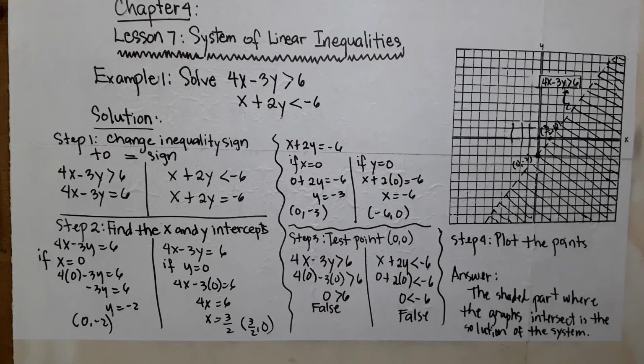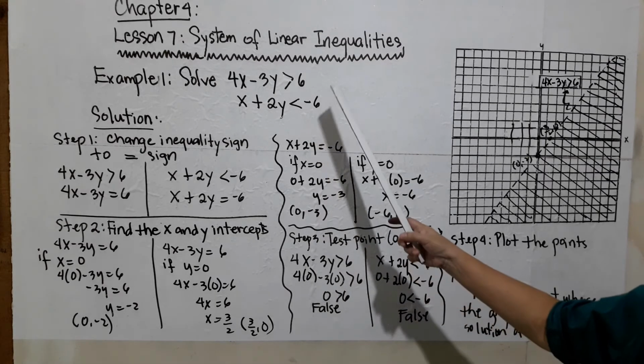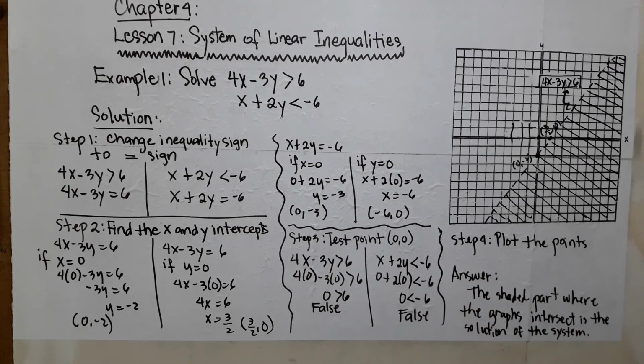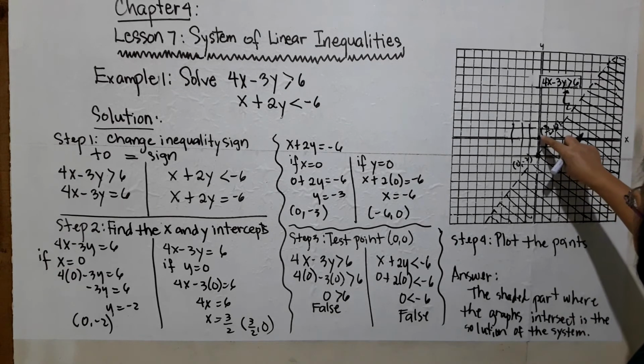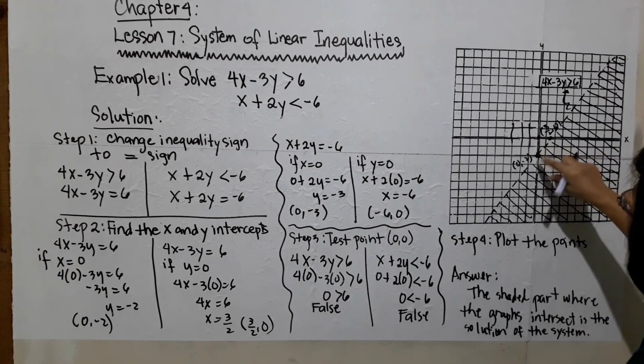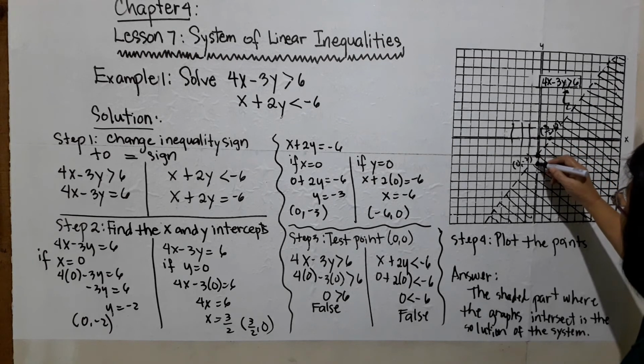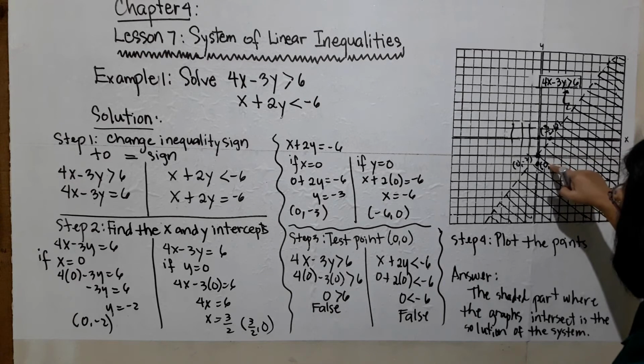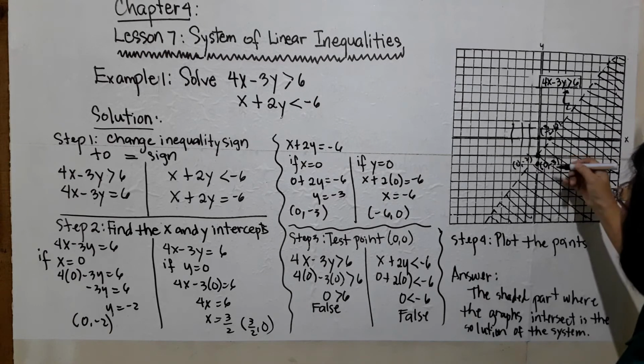What about, let's graph the point for the second inequality. We have 0, negative 3. So 0, negative 3. 1, 2, 3 is here. So we have 0 and negative 3.